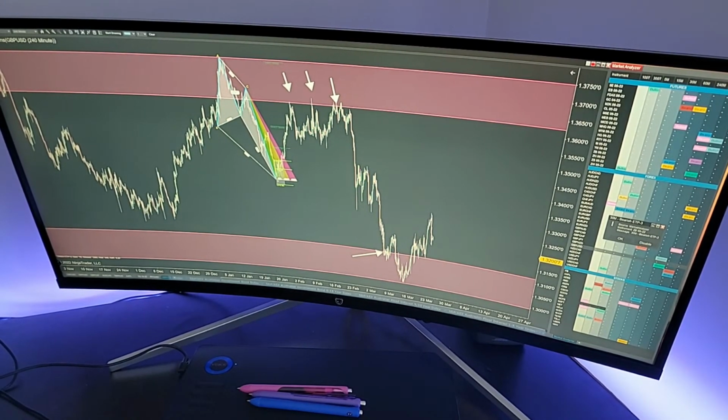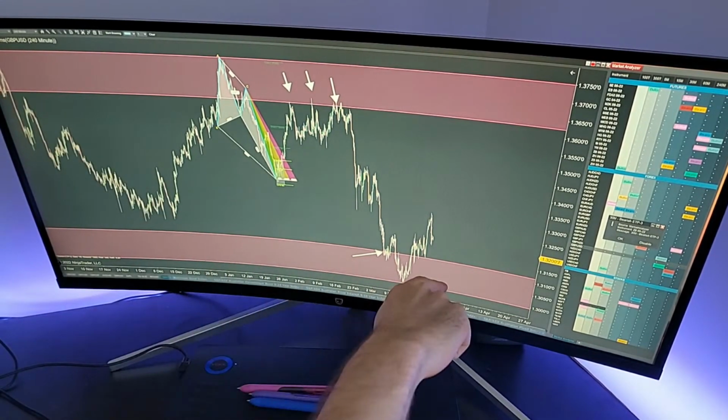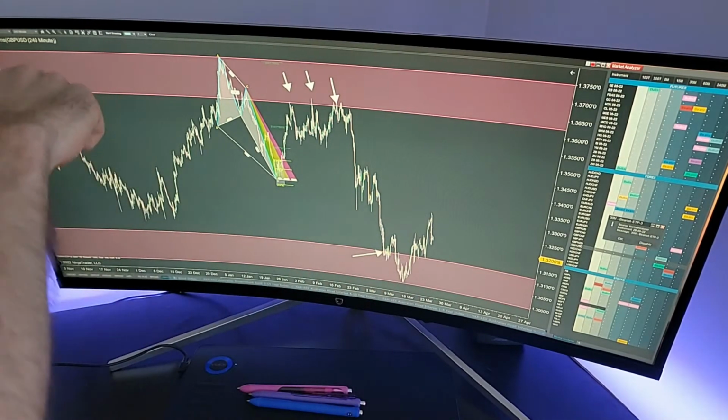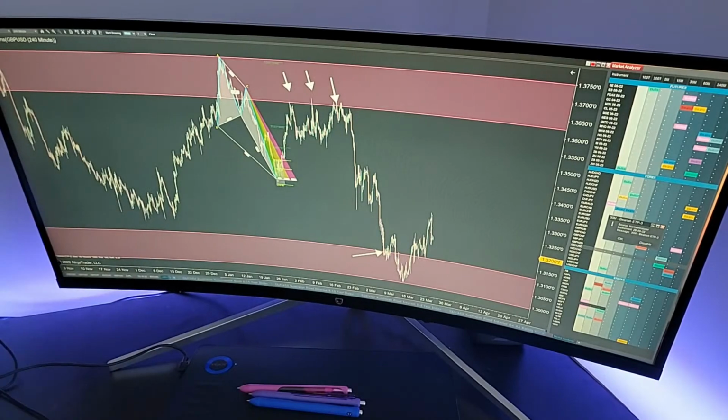That's not good enough for me. I need 3. So I need 2 on one side, so 2 resistance points, or 2 support, or the other way around. I also don't want to have 1 up here and then 2 more down below, right? That's not preferred. We can still use it, but I want to see them opposite each other. So just keep that in mind as we look at our charts.